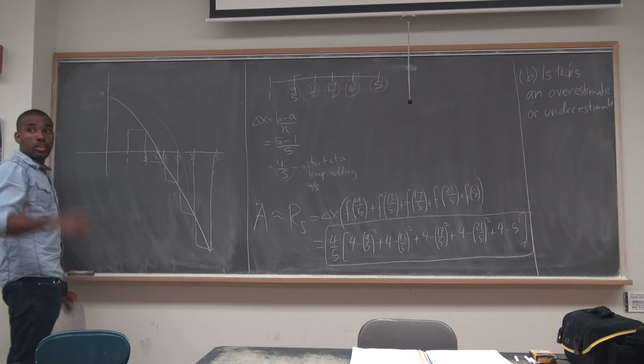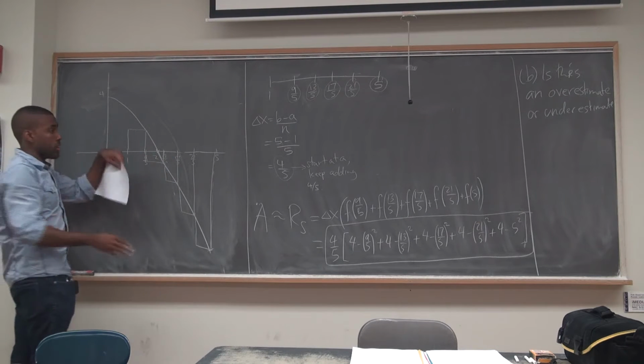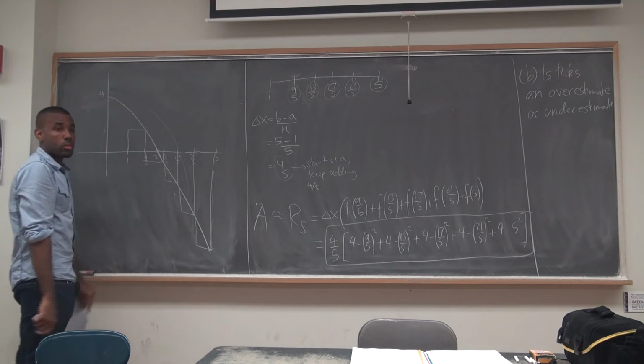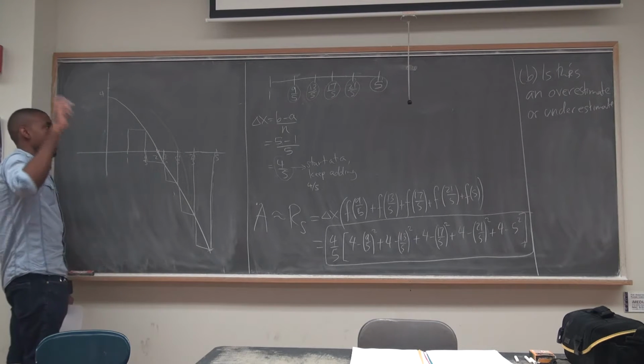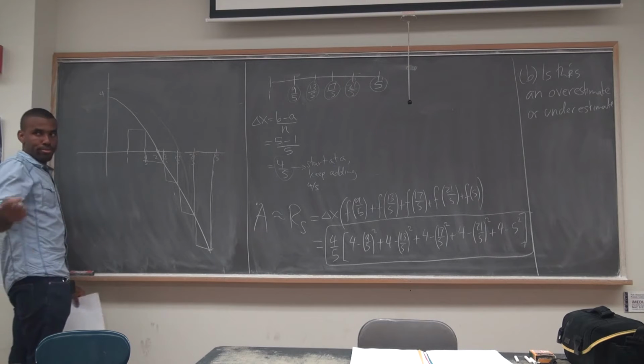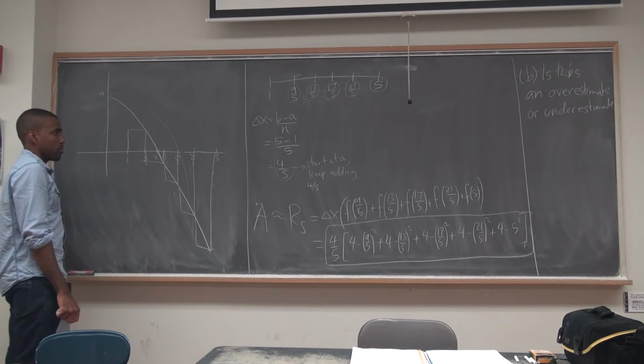It's really a net area. When your curve is under the x-axis, you actually get the negative of the area between the x-axis and that curve. So area under the curve is kind of the area between the curve and the x-axis. Is it considered an underestimate then?